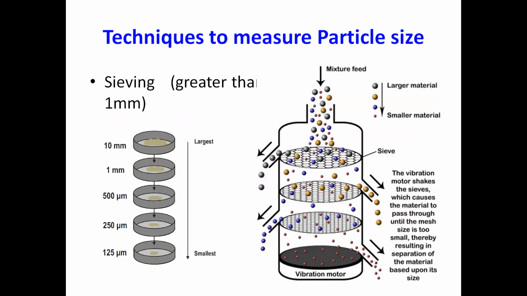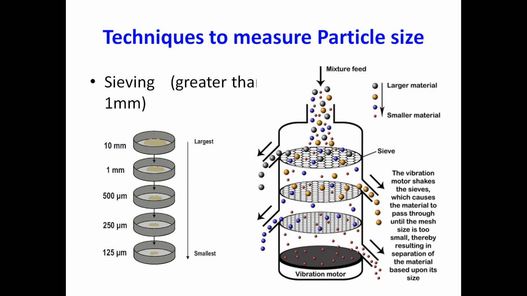Techniques to measure the particle size. This is one, you can say the crude or conventional technique, like the sieving technique. We have different sieves of reducing hole size. First the maximum hole size is 10 millimeter, then 1 millimeter, then 500 micron, then 250 micron, and then 125 micron.